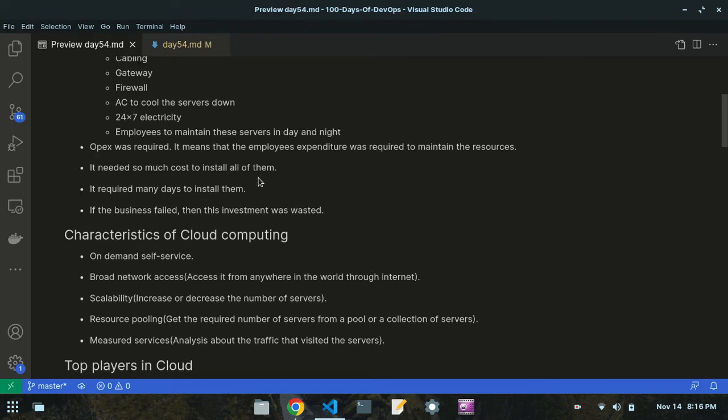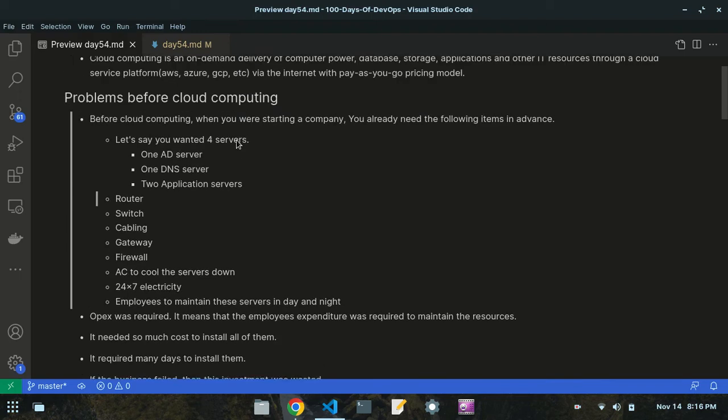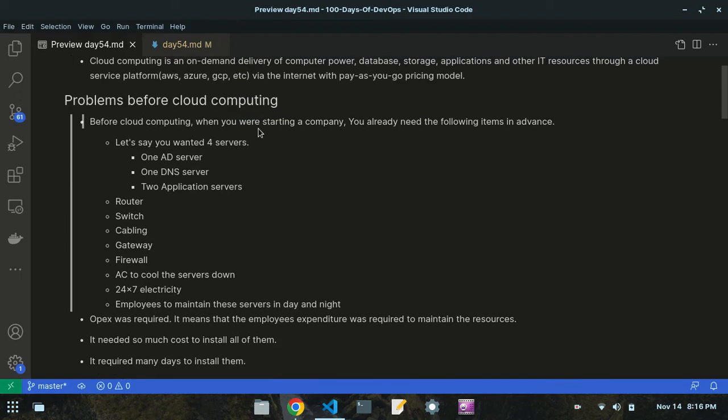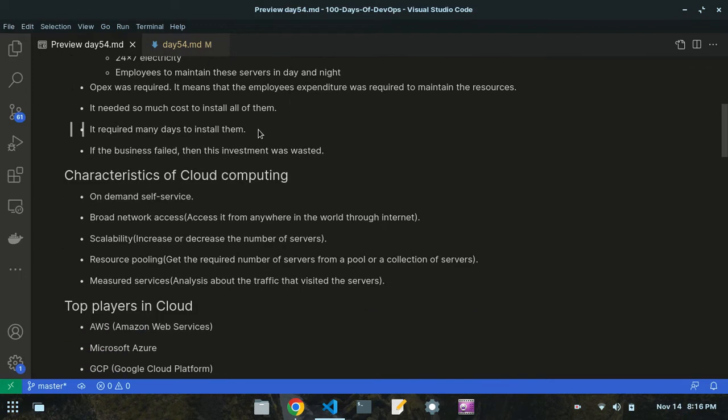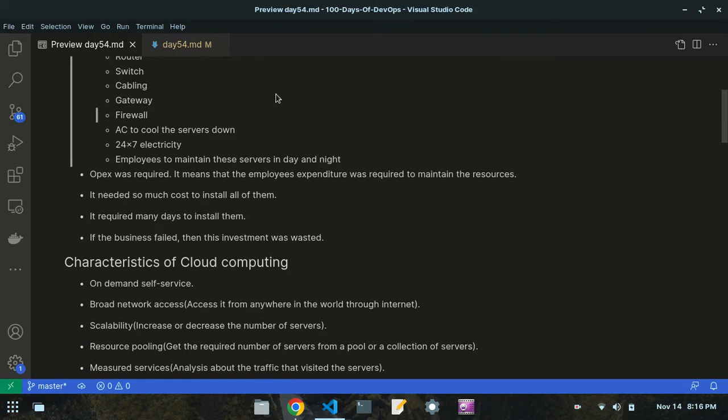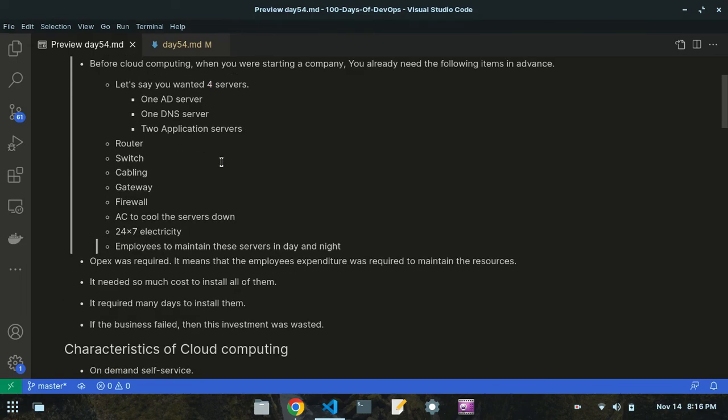These were all the problems related to the things that you were doing manually before cloud computing. Now let's take a look at the characteristics of cloud computing, because cloud computing has solved this problem.